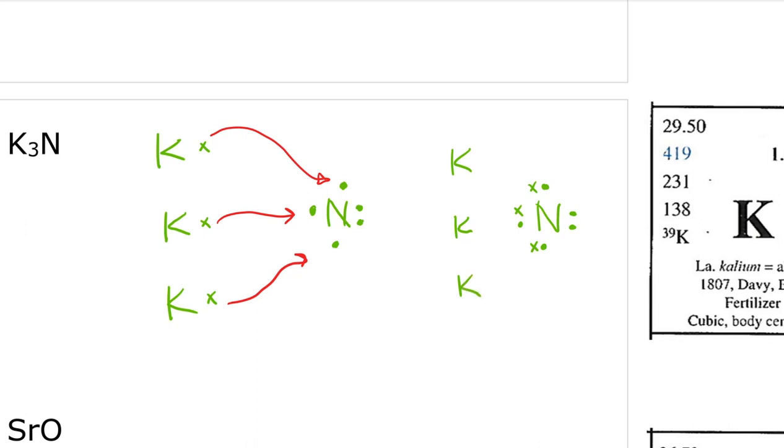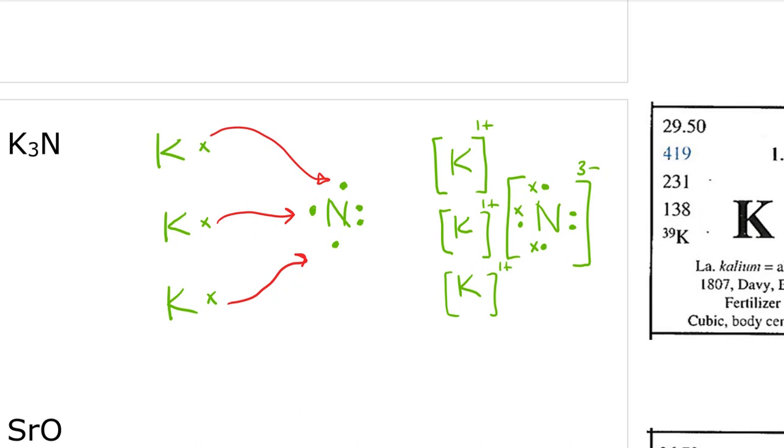To show the charges, each potassium has lost an electron, and so is now a positive particle. When you lose a negative particle, you become more positive. Each potassium has lost 1 electron, so each potassium would have a 1+ charge. And the nitrogen has gained 3 electrons, so that nitrogen now has a -3 charge.